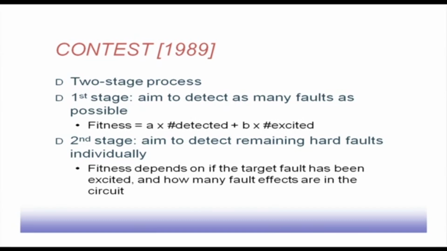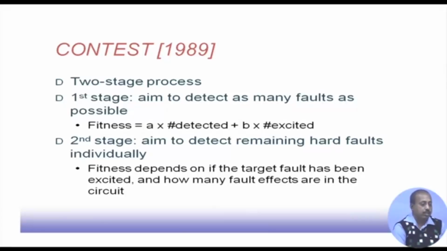At the end of the first stage we will achieve some rate of fault coverage, but there will be a number of faults which are not detected because they are hard to detect faults. The second stage aims to detect the remaining hard faults individually. The fitness at this stage depends on whether the target fault has been excited and how many fault effects are in the circuit.